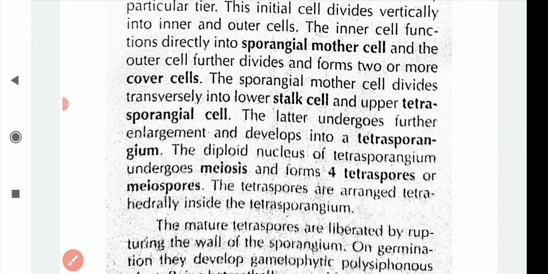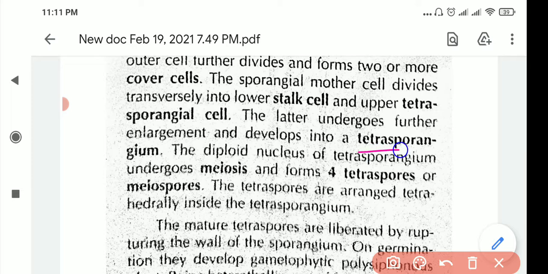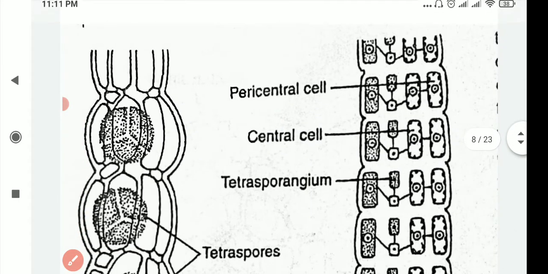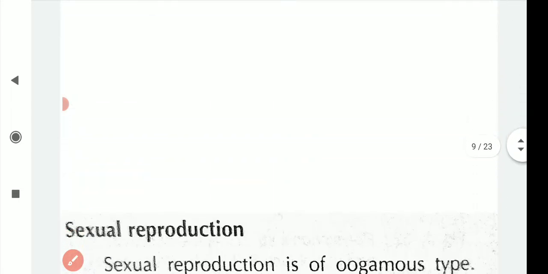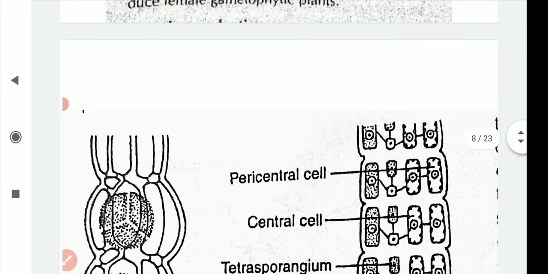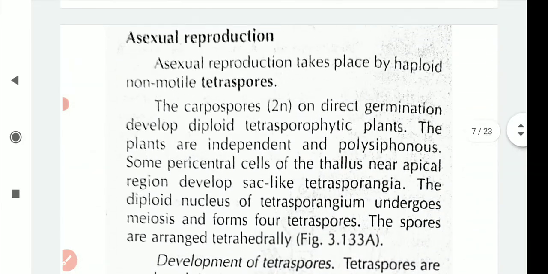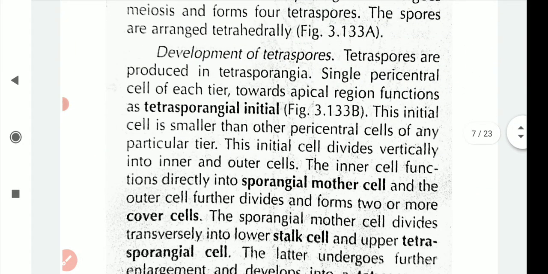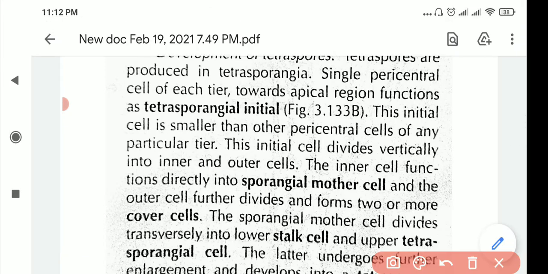That tetrasporangial cell will develop into a tetrasporangium, and then the nucleus of the tetrasporangium will undergo meiosis to form 4 tetraspores. Let's see, do they show? No, they don't show. So you can draw it on your own at home in your copy.